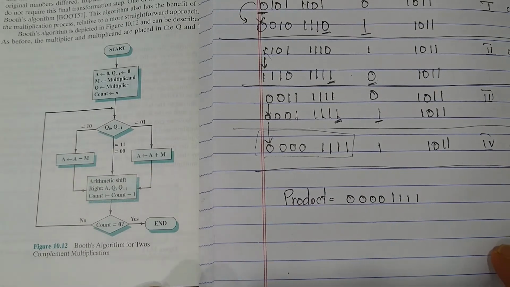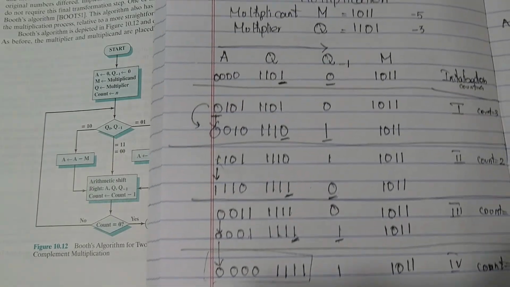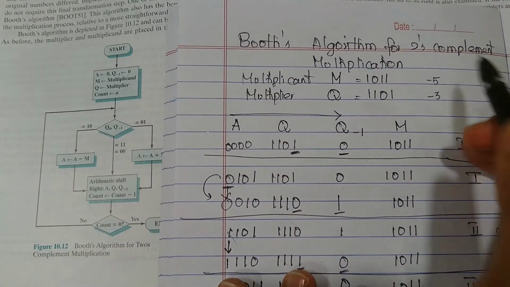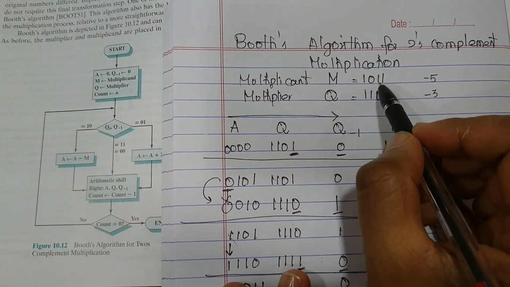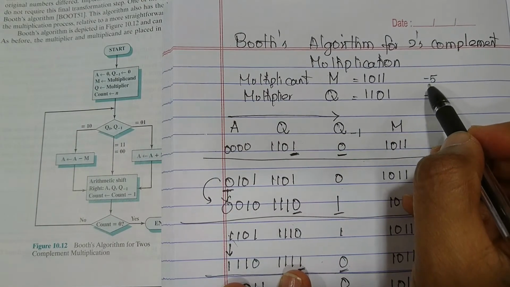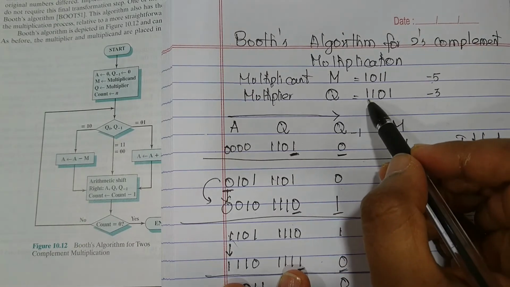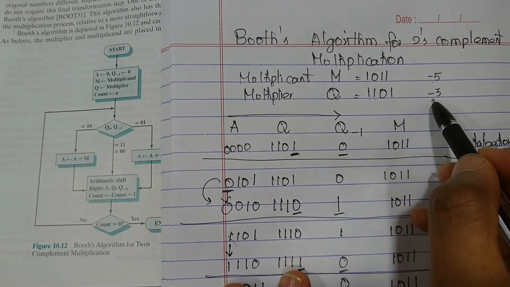Let's see how you get this, because we are dealing with 2's complement. Your multiplicand is 1 0 1 1, which is minus 5. Your multiplier is 1 1 0 1, which is minus 3.